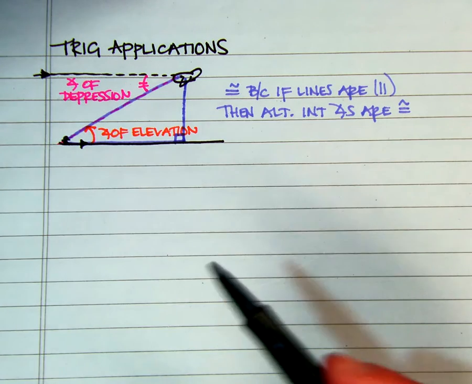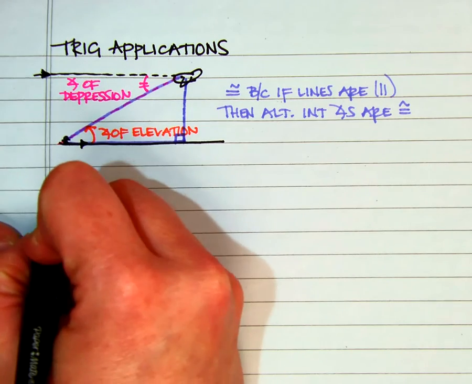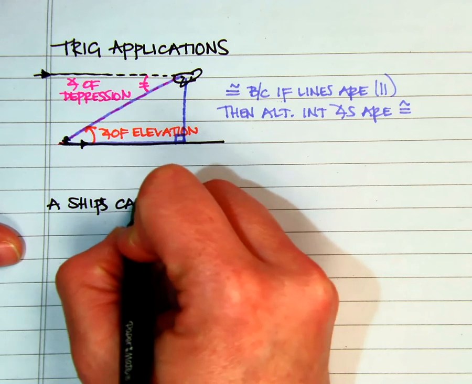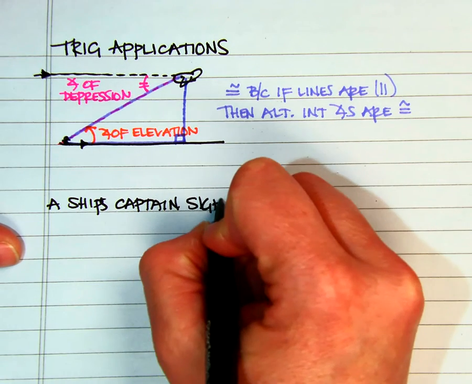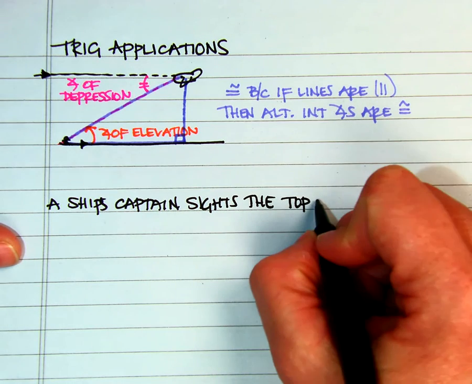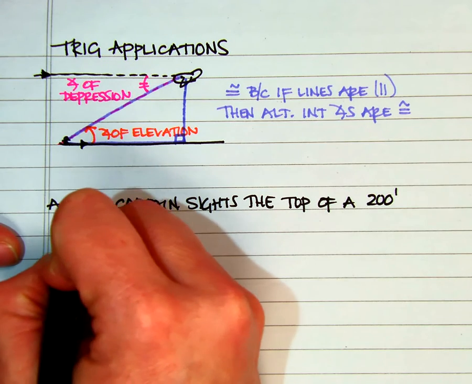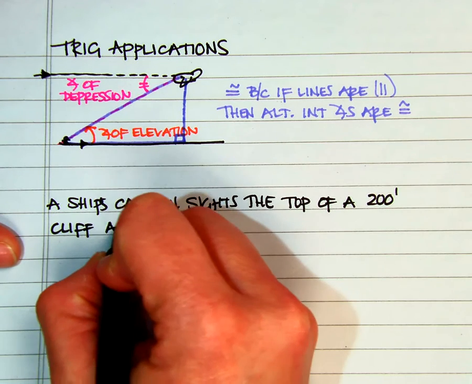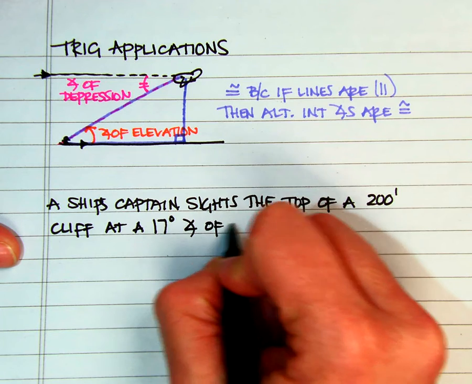Okay, so let's start with some of the word problems, see how they go. A ship's captain, these are story problems or word problems. A ship's captain sights the top of a 200-foot cliff at a 17-degree angle of elevation.